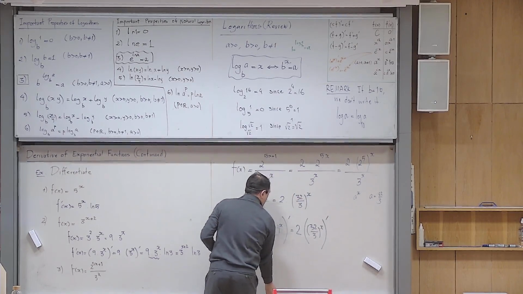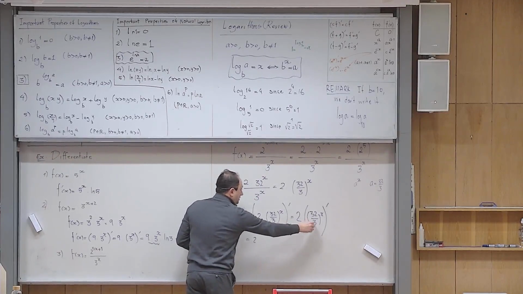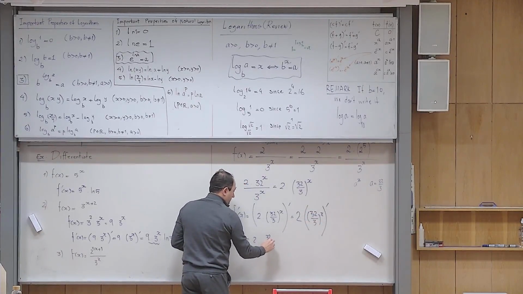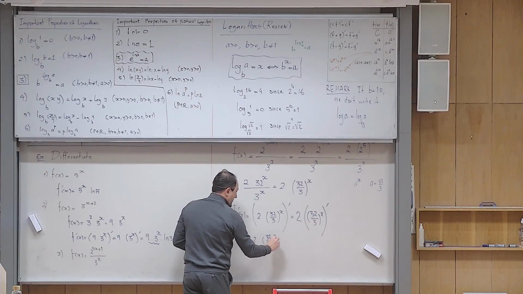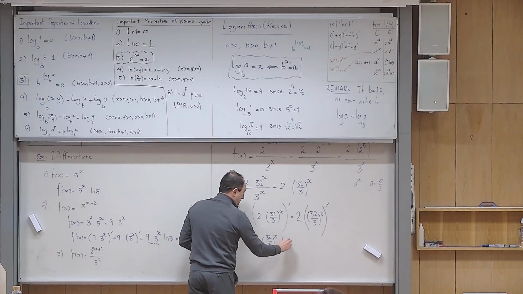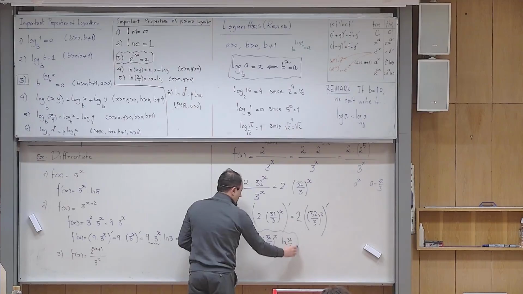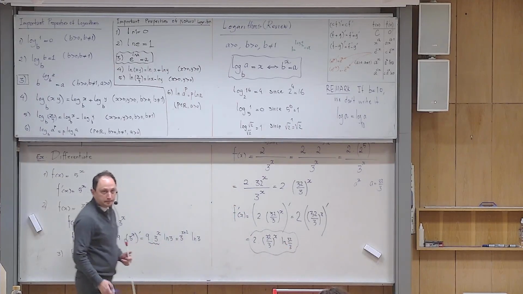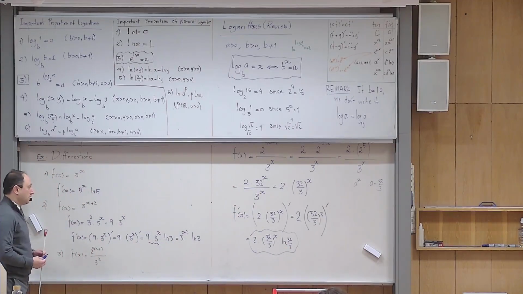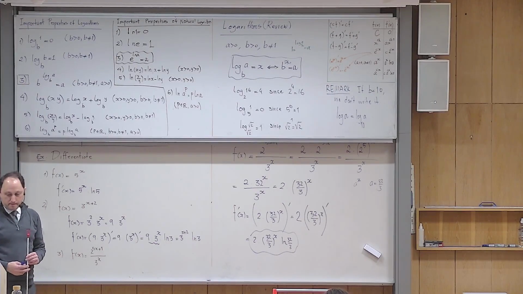So this becomes 2 is 2. The function repeats itself, but you have to multiply by the ln of the base. It doesn't matter if it is a strange number or what. So this is your derivative. Any questions? Thank you very much.